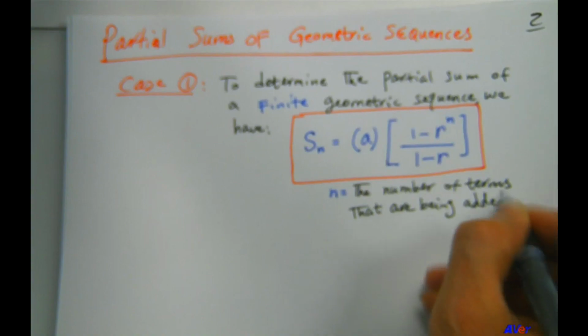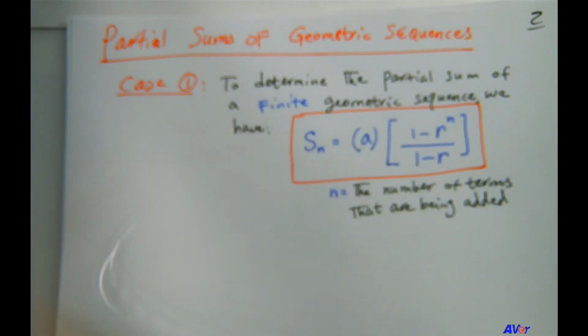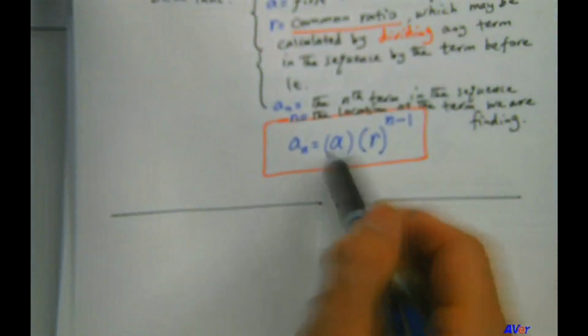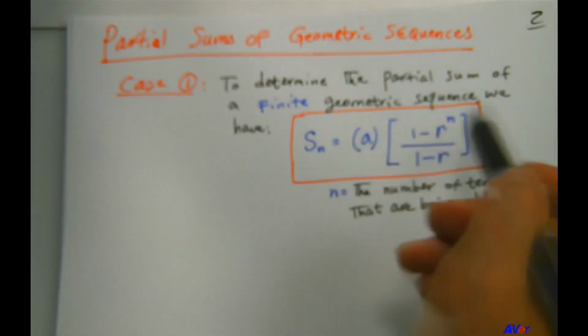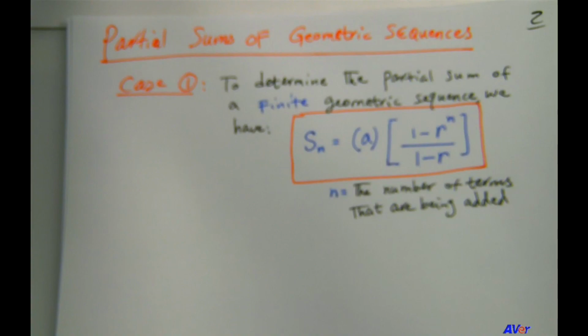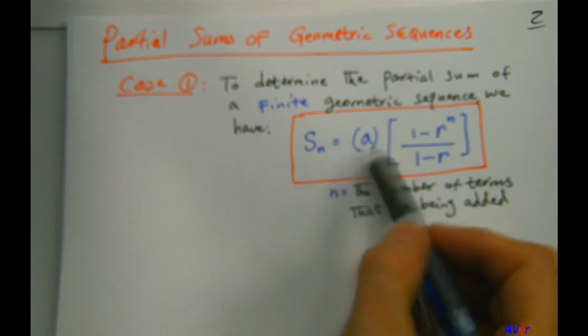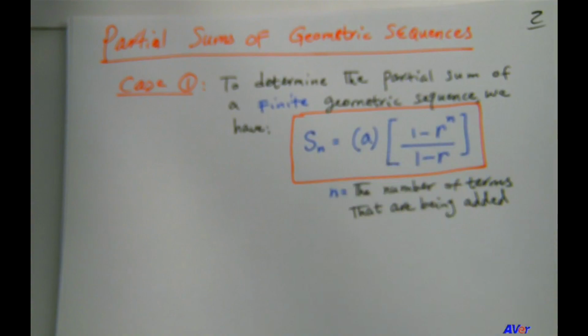Like I said in my last video, this is the thing I worry most about, because your book keeps these variables the same, a and n, in different formulas, but they mean different things. So please be extra careful and pay particular attention to what these variables mean within the different formulas for the sequence and for the partial sum.